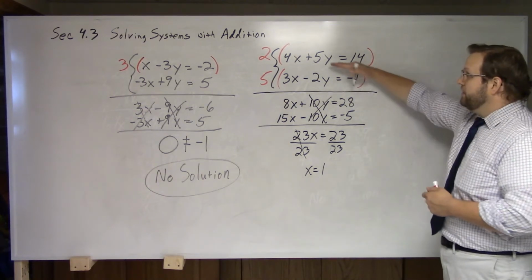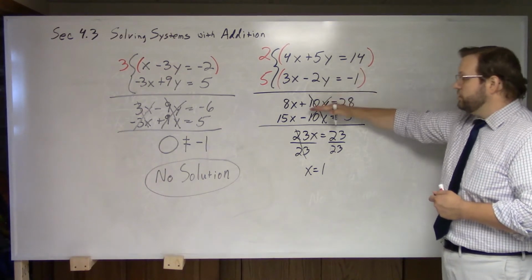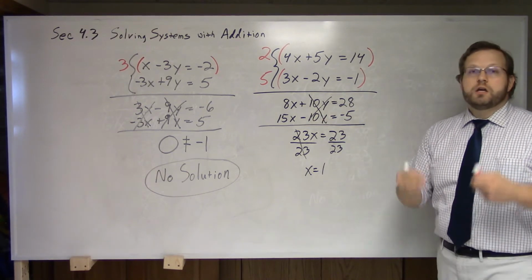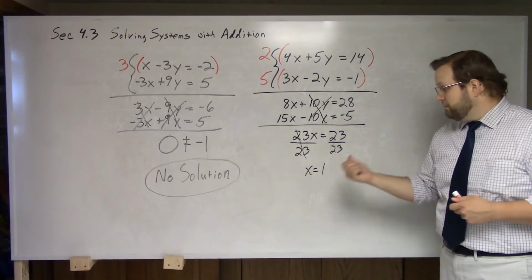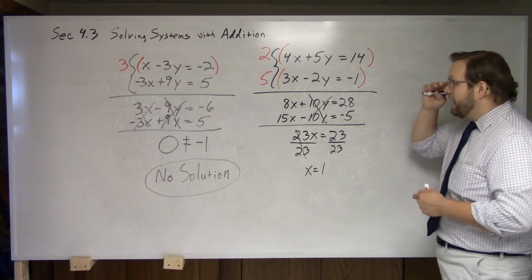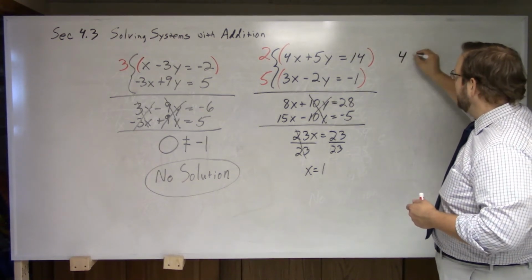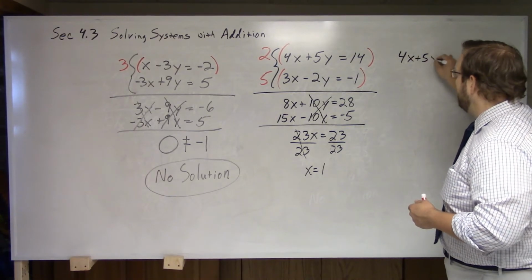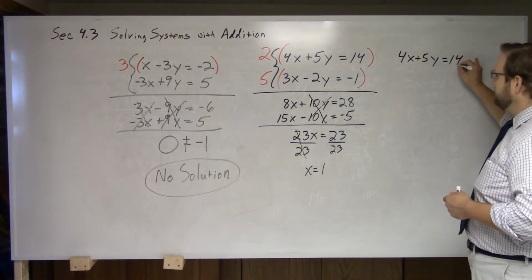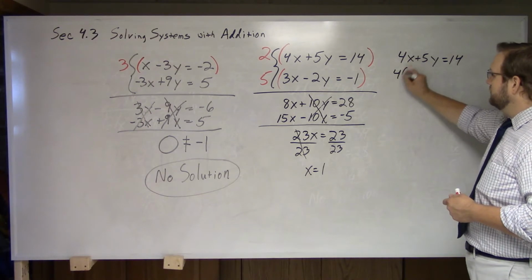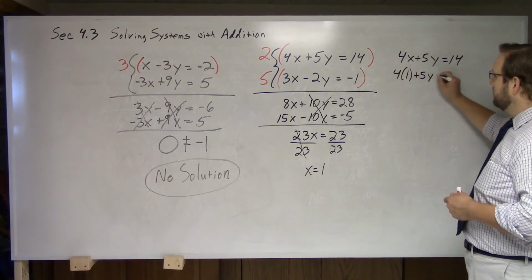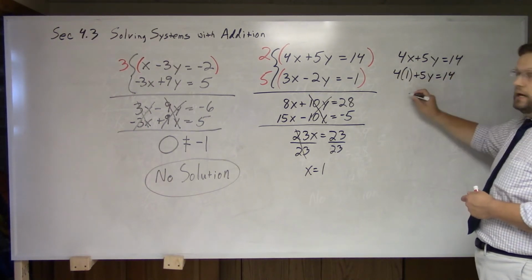I pick this equation, this equation, this equation, this equation. All of those will give me the same y when I plug that x in. Okay, so I'm going to go with this top one. Okay, so I'm going with 4 times x plus 5y equals 14. Plug in the 1. And then I solve from there.